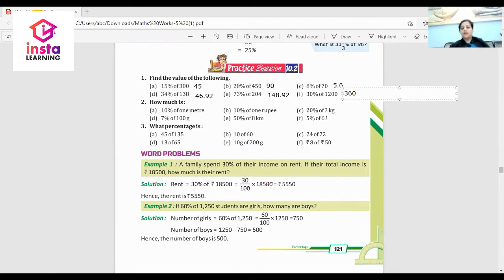Likewise, 20 upon 100 into 450, the answer will come 45 into 2, so it is 90. 8 upon 100 into 70 is 5.6. 34 upon 100 into 130 is 44.2. 73 upon 100 into 204 is 148.92. 30%, 30 upon 100 into 1200 is 360. Okay, now we will do the second point, that is how much is.